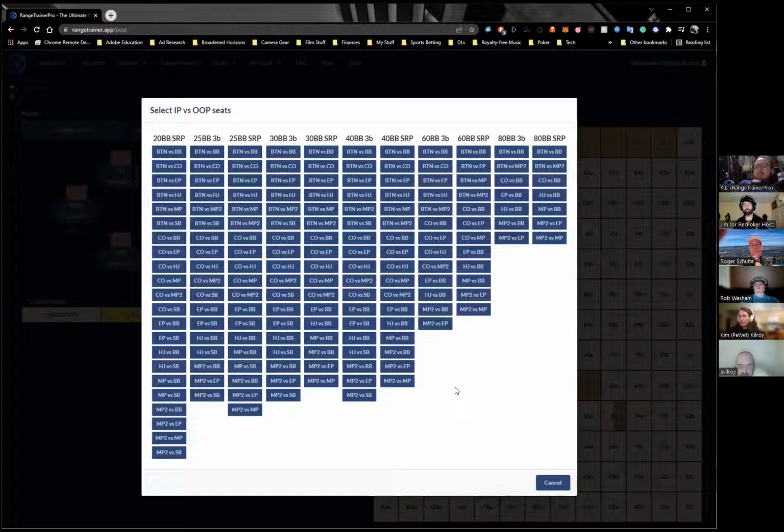So we'll do like 30 big blind and shallower, so we'll do 30, 25, 20, and then maybe even 15 and 10. And we'll run it postflop based on ICM where it's a final table type situation with what you would consider regular payout structures, 20% up top, 10 to 12% for second, and so on and so forth.